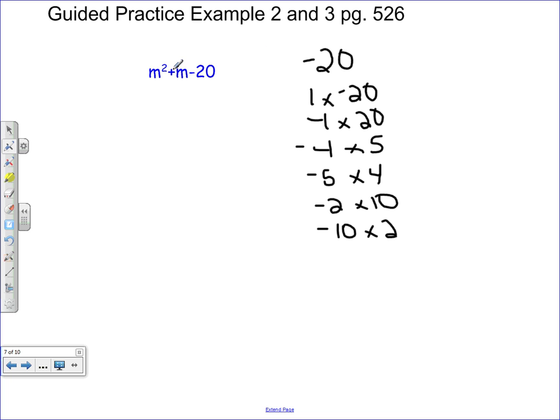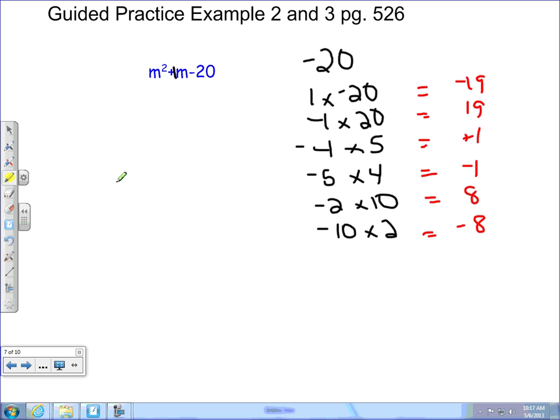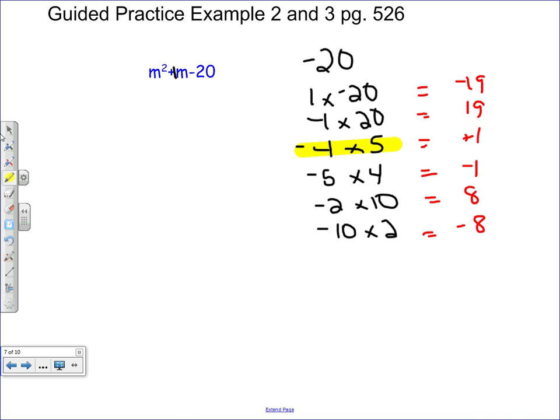If you recall, there's an assumed 1 there, so we're looking for the sum of positive 1. Well, this would be negative 19. This would be positive 19. This would be positive 1, negative 1, 8, and negative 8. We're looking for the positive 1, so it appears to be this factor pair. So it would be m minus 4 times m plus 5.